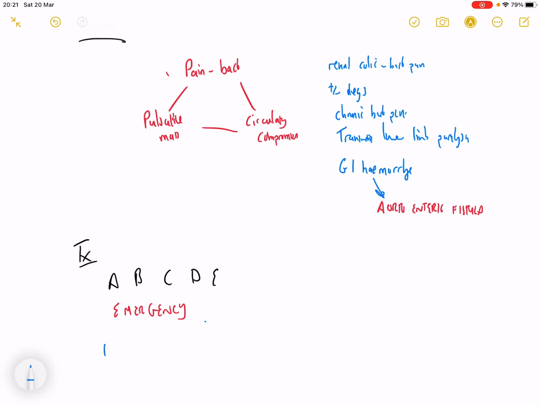So, first of all, we'll assume A and B have been dealt with. So A would be to assume that the airway is okay until you go to theatre, and B would be to give oxygen. So C is all about resuscitation.